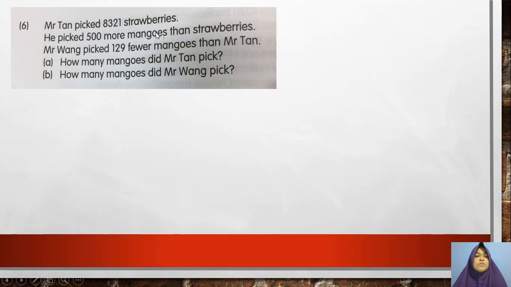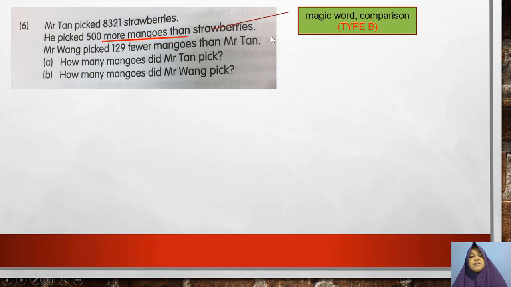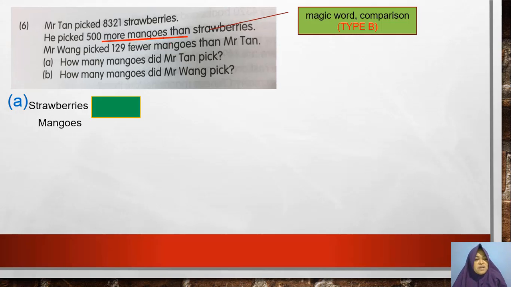More mangoes than, okay, it will be magic word and comparison, type B. So you do the equation, you write strawberries and mangoes, and then you draw the models. First for the strawberries, how many strawberries? 8,321. How about mangoes? More mangoes. So mangoes will be longer.